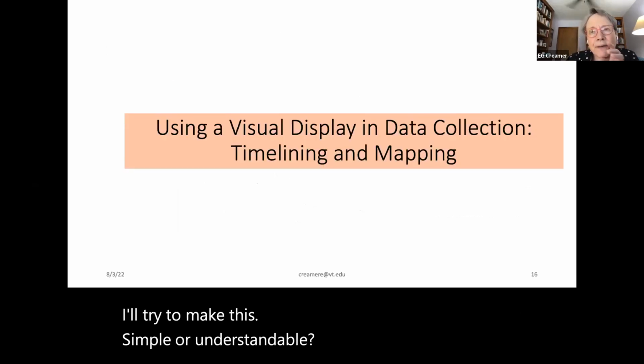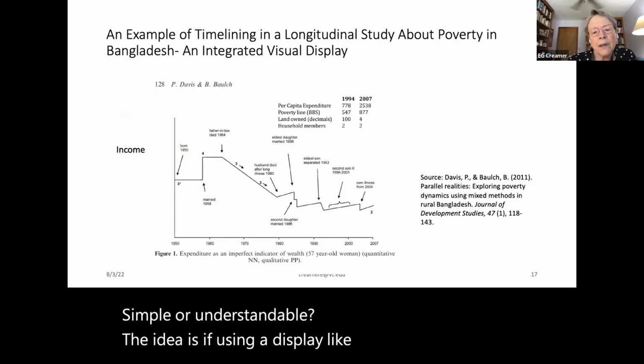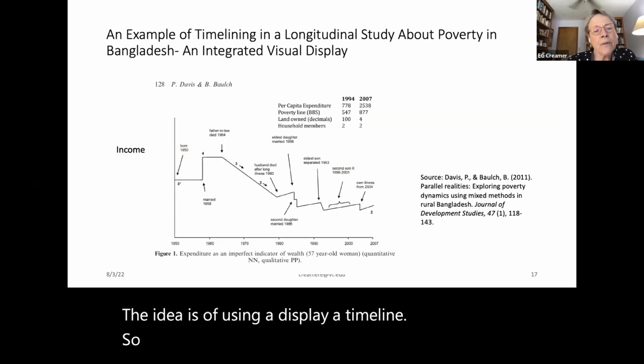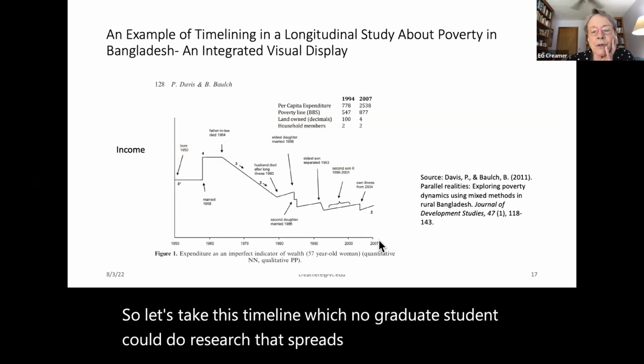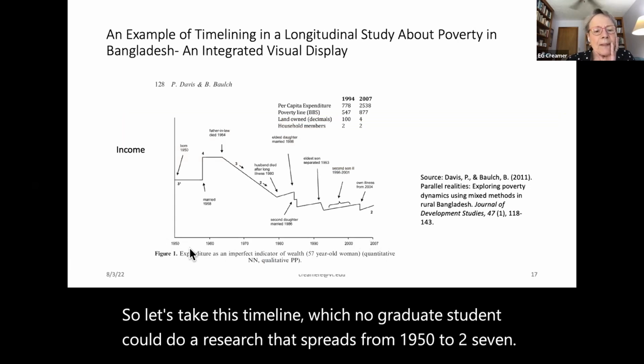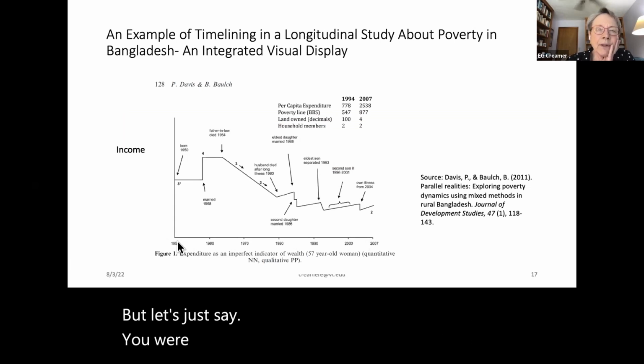The idea is of using a display like a timeline. So let's take this timeline, which no graduate student could do research that spreads from 1950 to 2007. But let's just say you were talking about ideas of career.